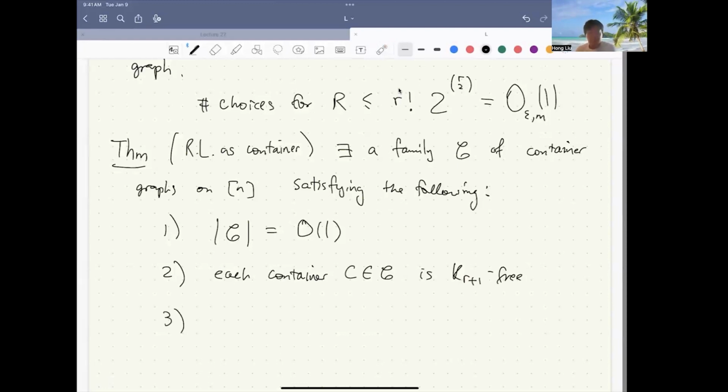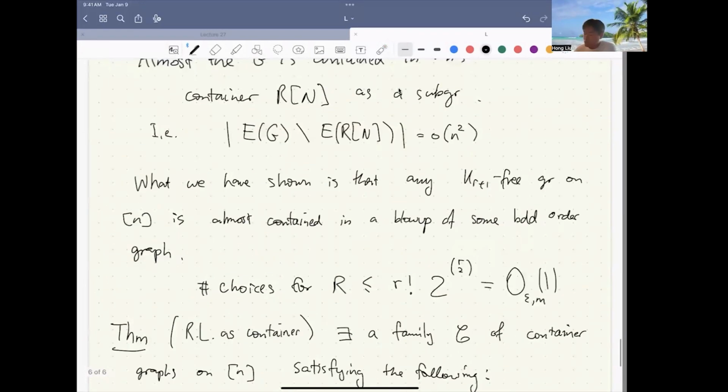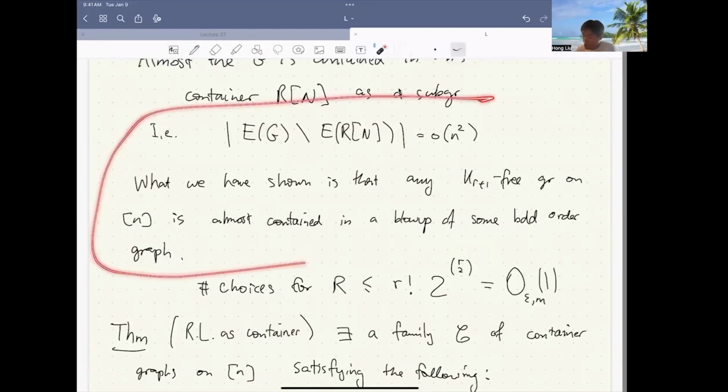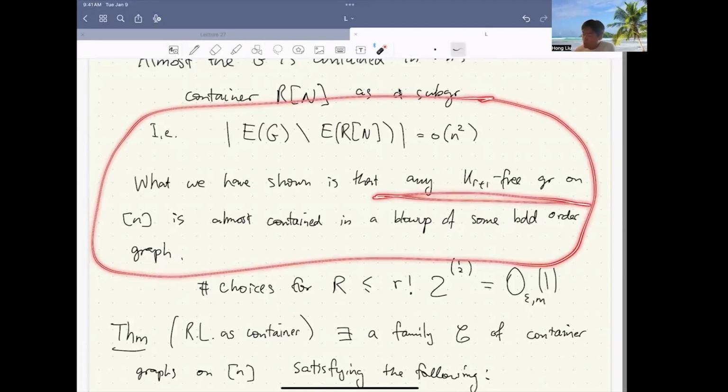Third thing, this is the conclusion here. Every K_{r+1}-free labeled graph is almost contained in one of these containers.